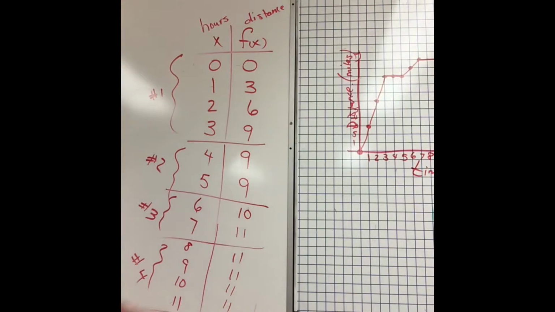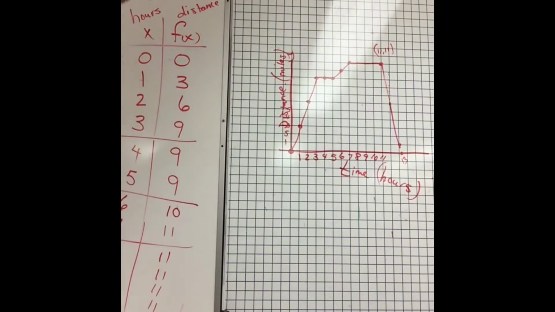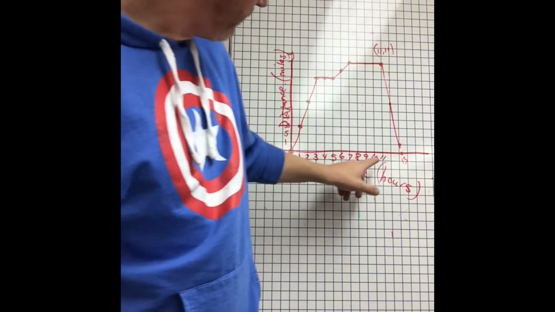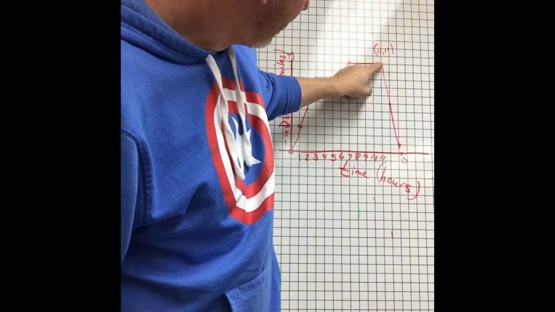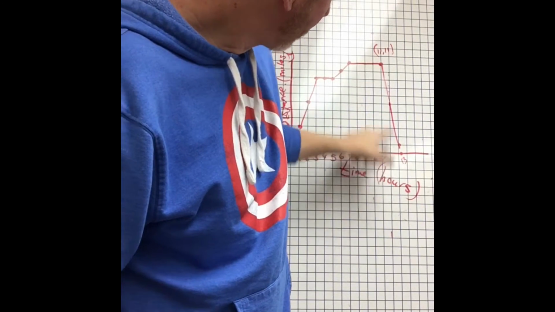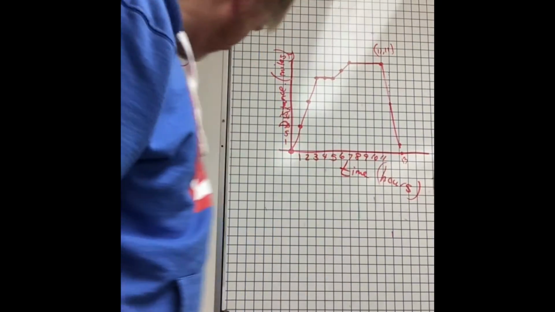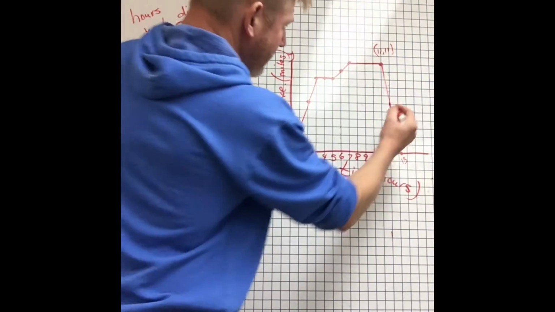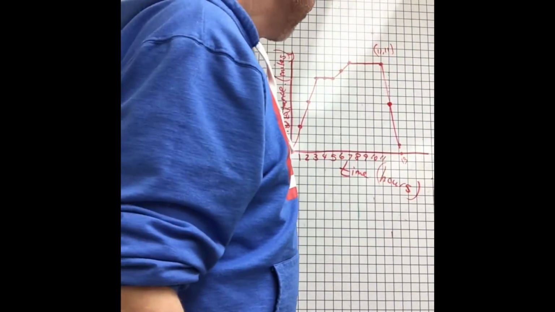So it looks like after I graph this over here on my graph, check it out. So after 11 hours, I'm still 11 miles away. So after 12 hours, I would be 6 miles away. So over 12, up 6.